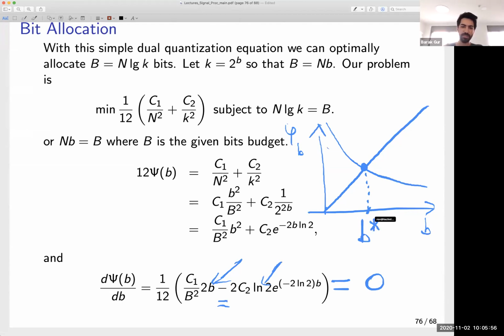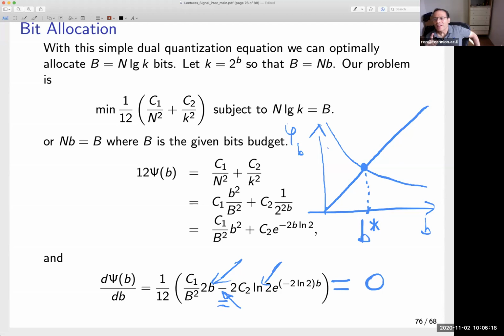Isn't it the ascending function, the second one? The second one is ascending, but remember that I have a minus sign here. No, it's decreasing without the minus, so it's increasing with it. I need to think about it.